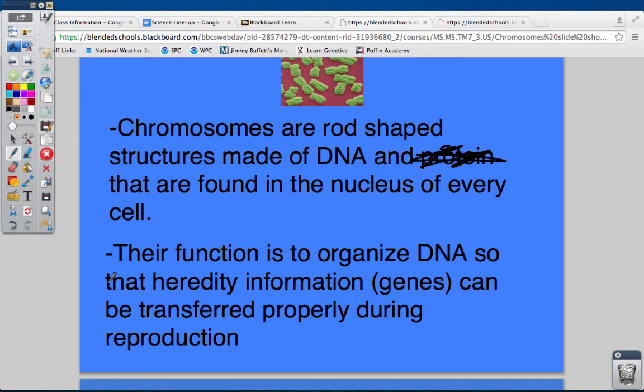So a chromosome is a structure that houses DNA, and it organizes that DNA through winding and coiling so that it is easier for our cells to transfer DNA properly during reproduction.